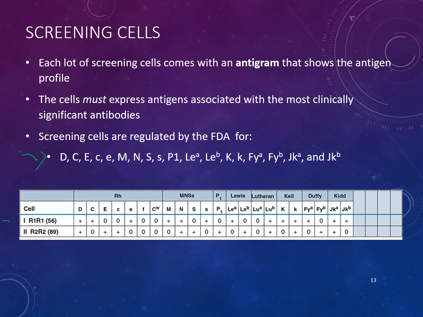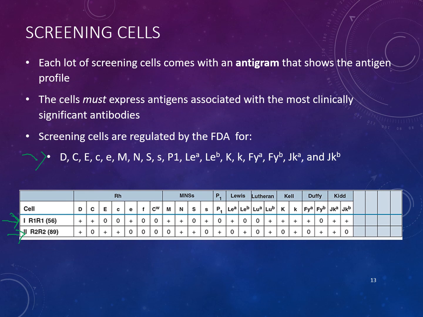Each of these is an individual donor or a pool of donors, but these single donors have been antigen typed, and we know which antigens are present. For each of these antigens, if it's present, that particular donor will have a plus, and if it's not present, then they will have a 0.